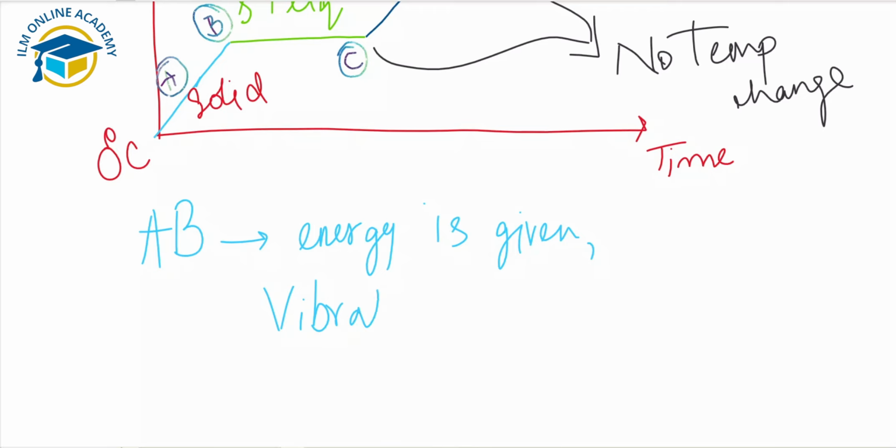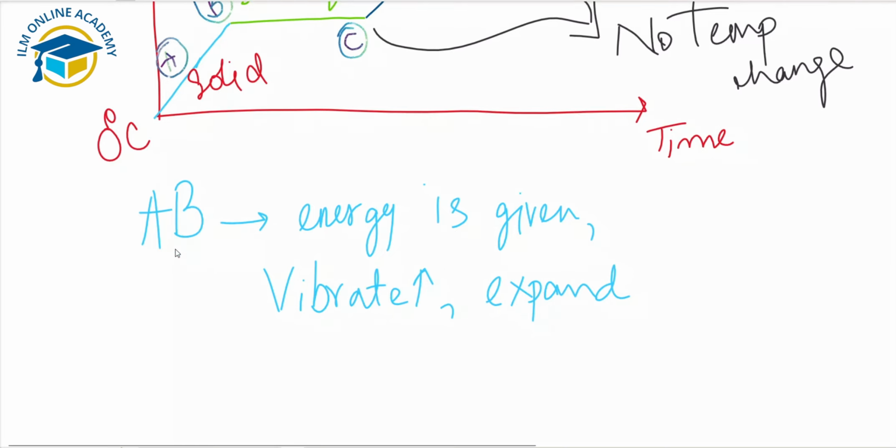Just because of that, they are in the solid state. When we give heat energy to them, they convert the thermal energy into kinetic energy and the particles vibrate more, and then expansion happens. They expand.